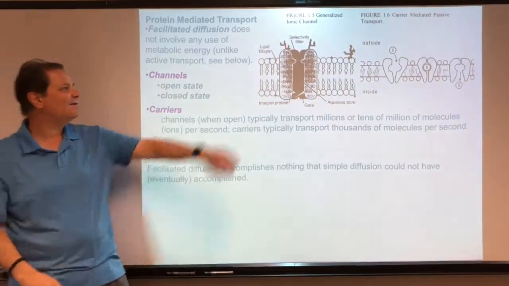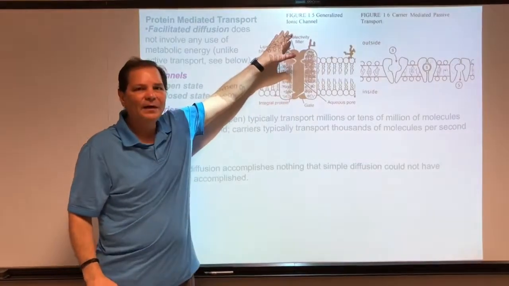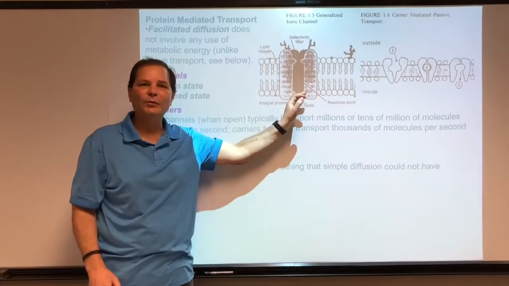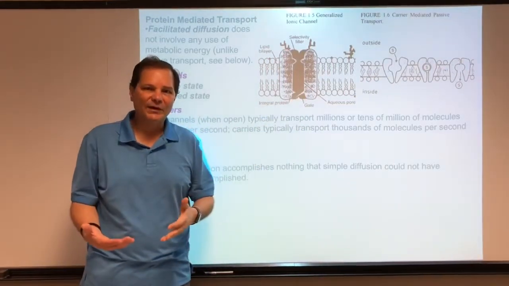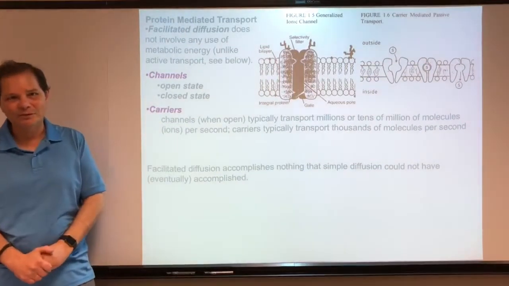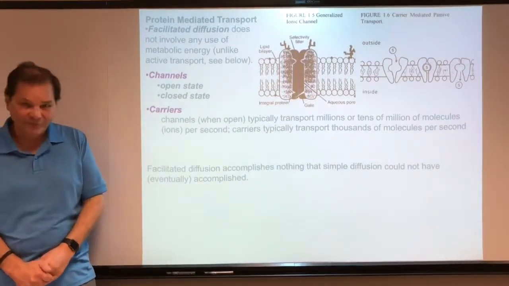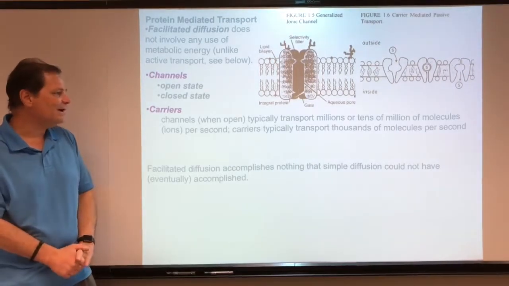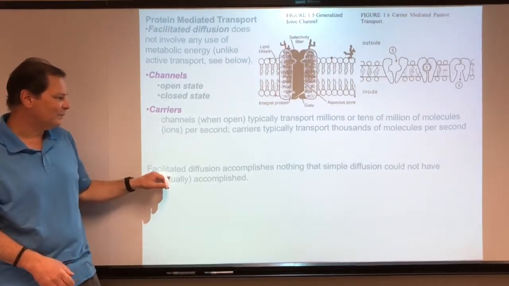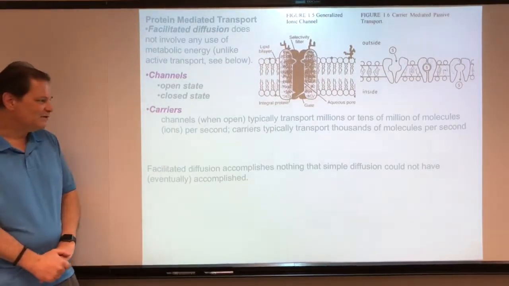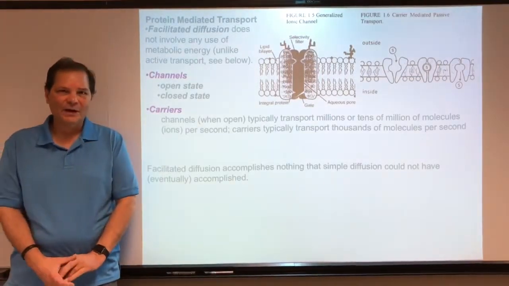It's just that if I have a channel and it's open, that will happen a lot more quickly because the substance can get through much more easily than if there's no channel there at all. But eventually the substance will get through. It may take a million years, but it'll eventually happen. So you should recognize that this facilitates the process, but it's not driving the process. Okay? Eventually it'll happen either way.